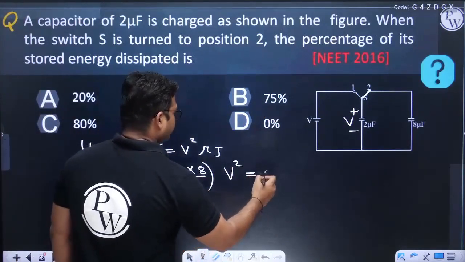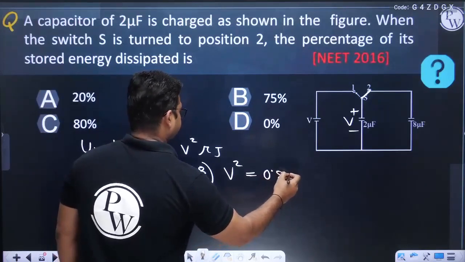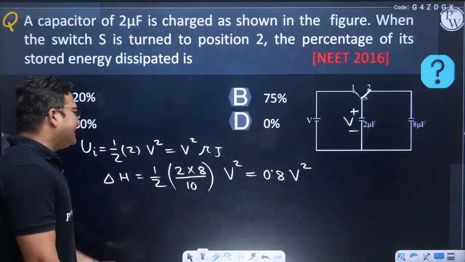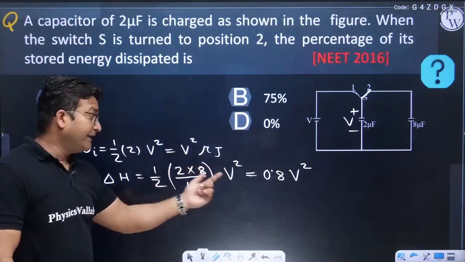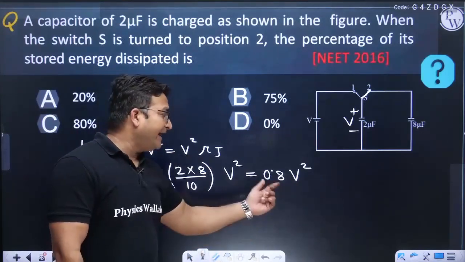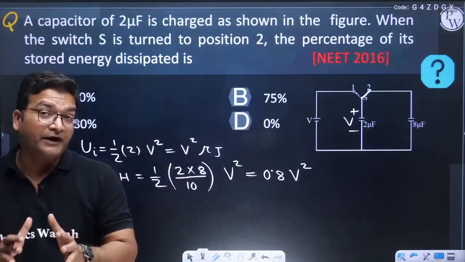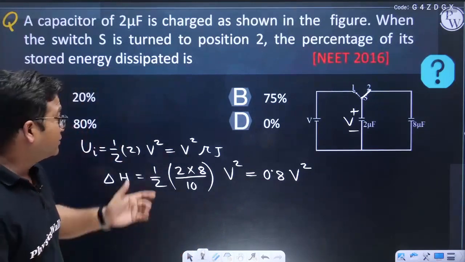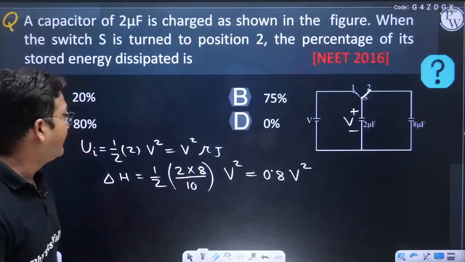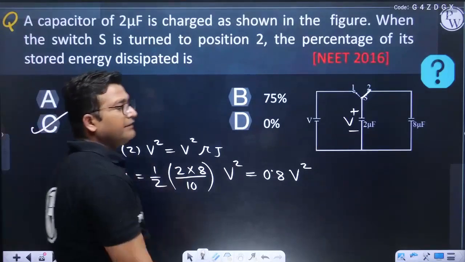We have 0.8 V square. So you can see the initial energy is V square and heat loss is 0.8 V square. So the heat loss is 0.8 fraction of initial energy, that says 80% energy has been lost. So the correct answer is C.